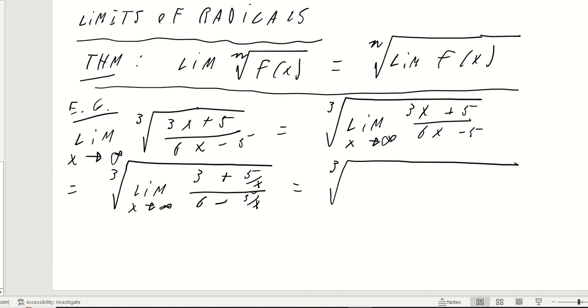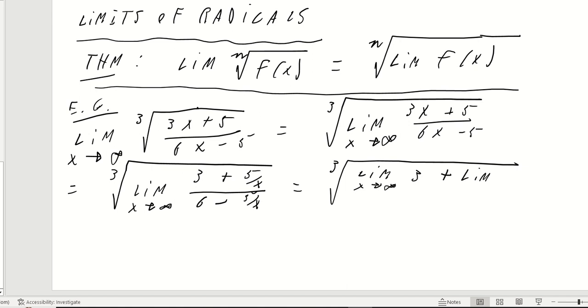So this will be equal to the cube root. So then we have the limit of this quotient function. So this can be evaluated. You just get the limit of the top function and you get the limit of the bottom function. Okay, so just doing this bit by bit, we will get the limit as x approaches infinity of 3, getting the limit of what's on top, and the limit function will distribute over the elements that are on top.